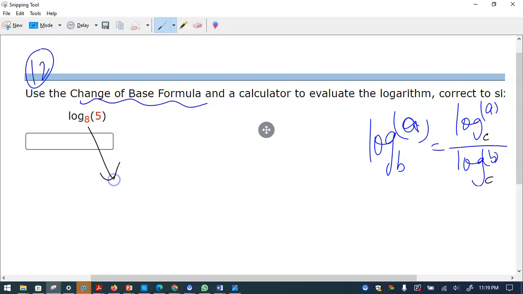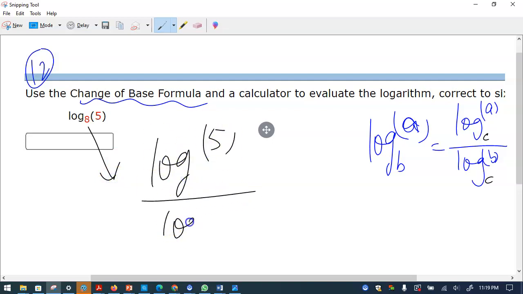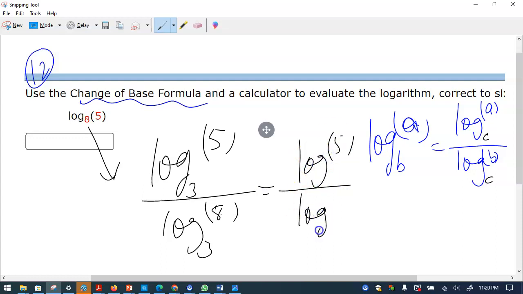In this case, we can write this as log of 5 up and log of 8 down, and change it to maybe 3 and 3. Or it could also be log of 5 and log of 8, and you could also use 2 and 2. So it does not matter.